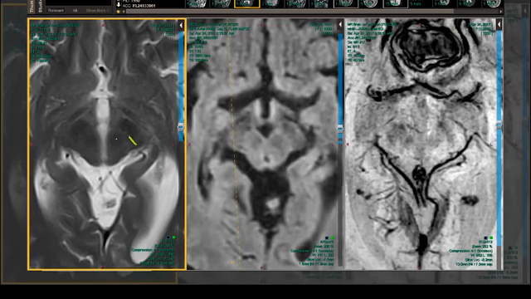So what you have is medialization of the iron. The anatomy of the substantia nigra sort of disappears from lateral to medial, and at the same time, the zona compacta stripe is separating the red nucleus from the substantia nigra.